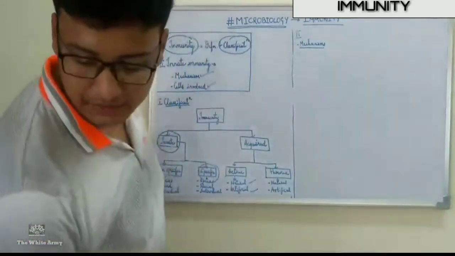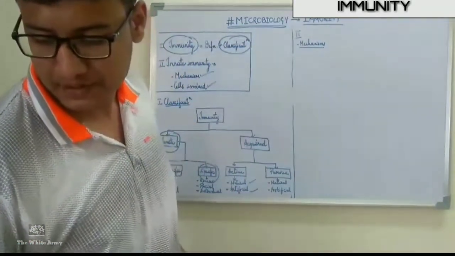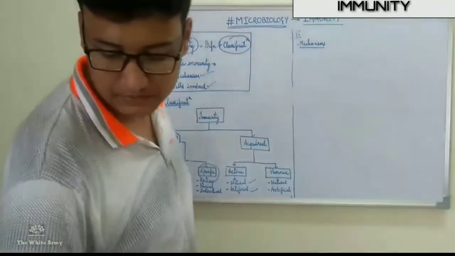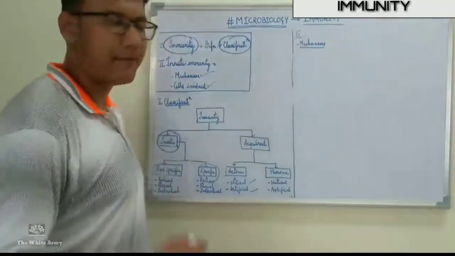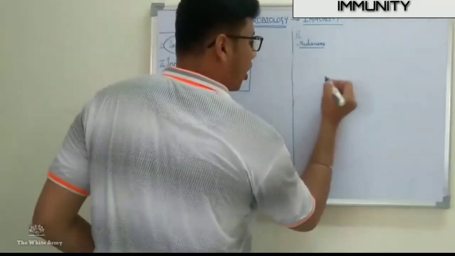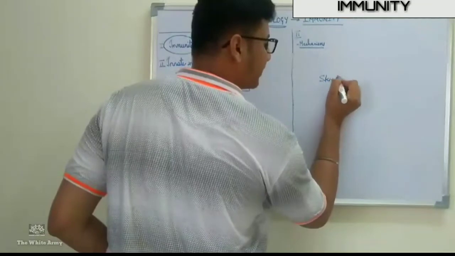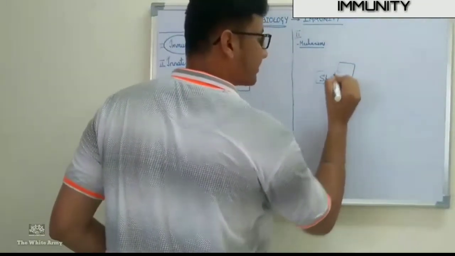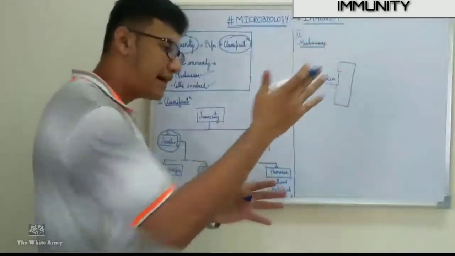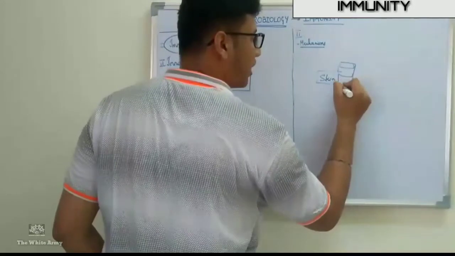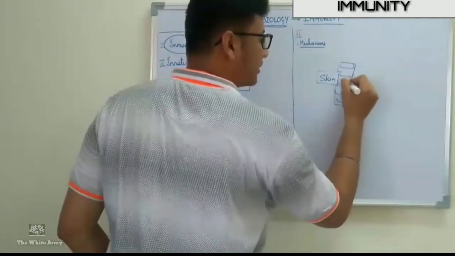Next we will study microbial antagonism. As I said before, on the skin surface there is a barrier lining which consists of a resident flora of microorganisms.